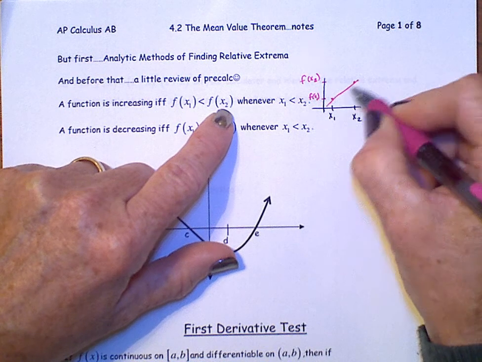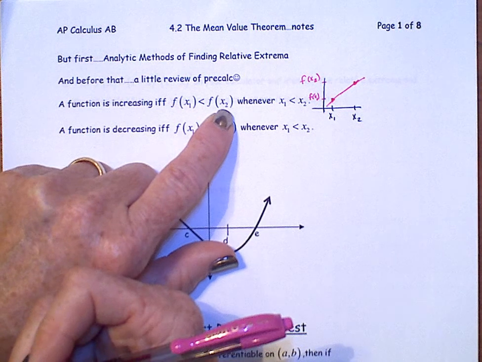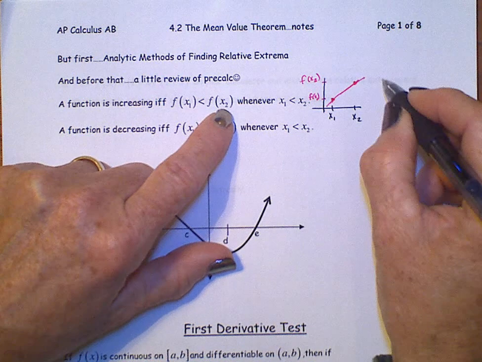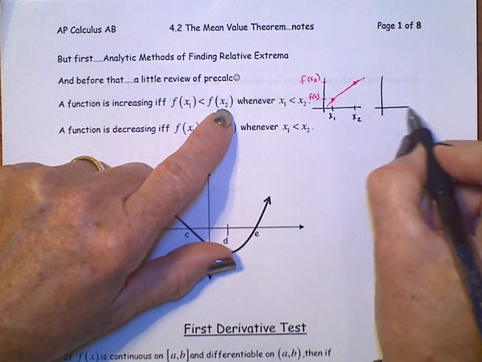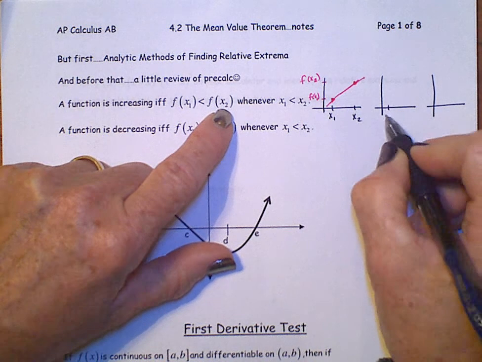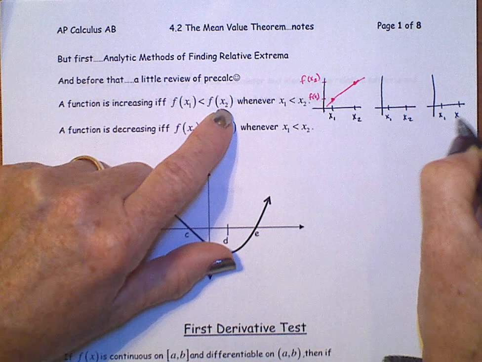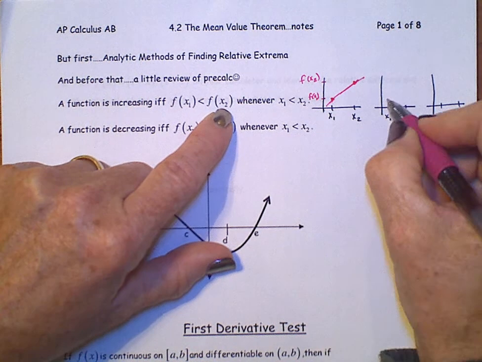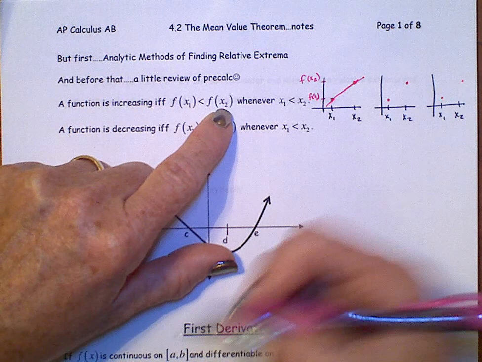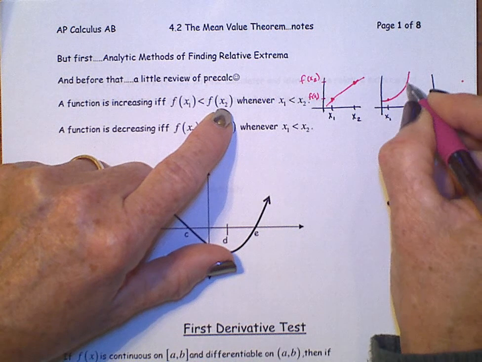As we connect those dots, that function is increasing. Now I drew this almost linear here. Just a couple other ways that this could have been drawn. We could have put those points like this, and we could have had this graph kind of curving upwards.